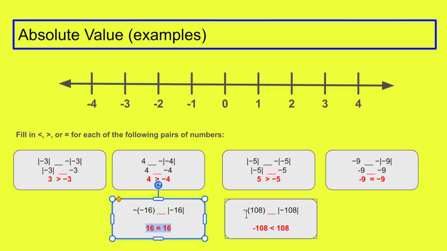Now in the same way, this is negative 1 times negative 108 and the absolute value of negative 108. The absolute value of negative 108 will become 108, and negative 1 times positive 108. See this, there is a difference between negative 1 times negative 16 and negative 1 times positive 108. Negative 1 times negative 16 was 16, but negative 1 times positive is negative here, negative 108.